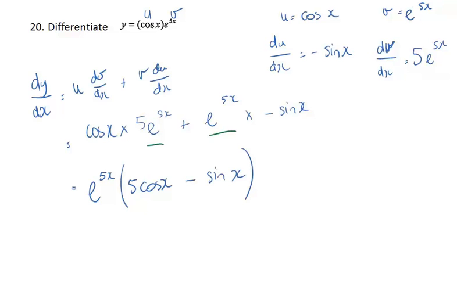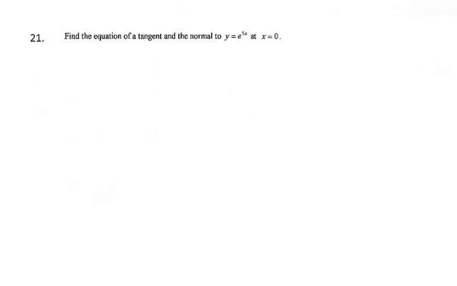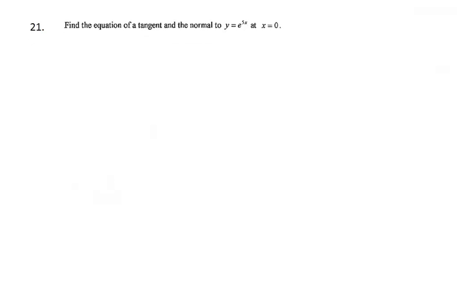So now looking at number 21. We want to find the equation of a tangent. So remembering our tangent and our normal, our gradient will be our dy on dx. We have our formula here and they've given us the point, x is equal to 0.